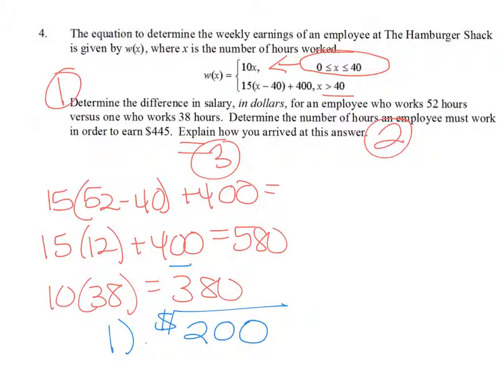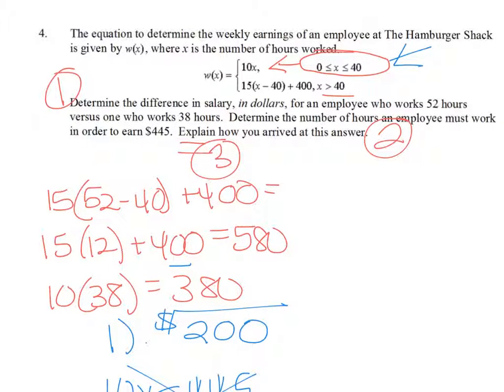And for the second part, the number of hours an employee must work in order to earn $445. If we took the first equation, 10x, and set it equal to $445 and solved for x, as you can see, x is equal to 44.5, and that doesn't fit the domain here, so we're going to have to not use that.